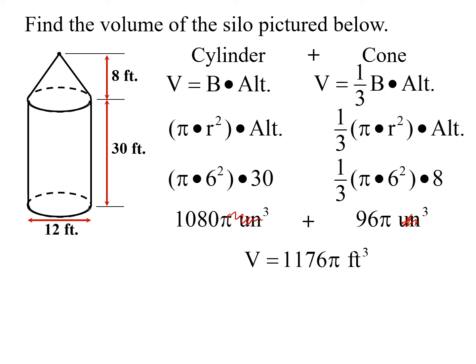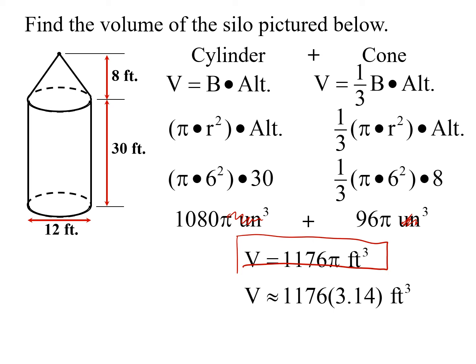And remember I said sometimes they actually leave the answers like this. But if they want to know exactly, we can multiply that by 3.14 and get that the volume of the silo is approximately 3,692.64 cubic feet. Okay, so find the cylinder, find the cone, add them together. Pretty simple.